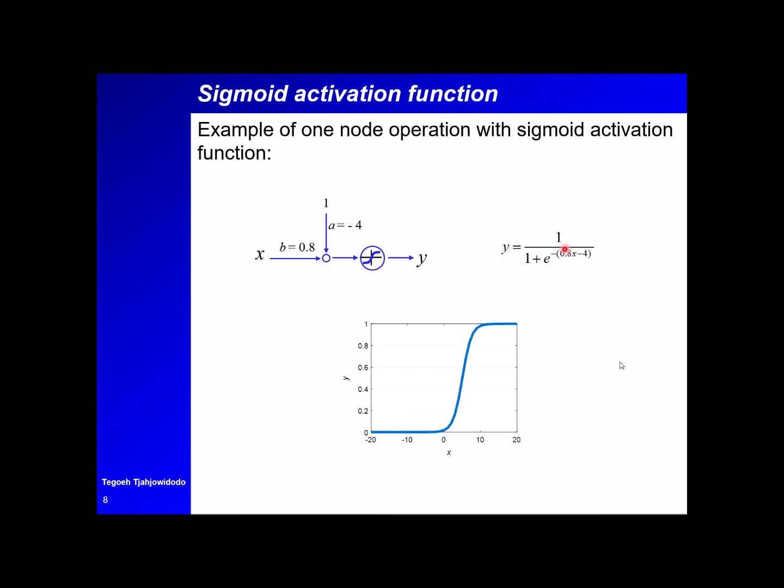This is the sigmoid function where the Z here is 0.8 x minus 4. Yeah? So if I plot Y as a function of x, it will look like that. It's a sigmoid function.